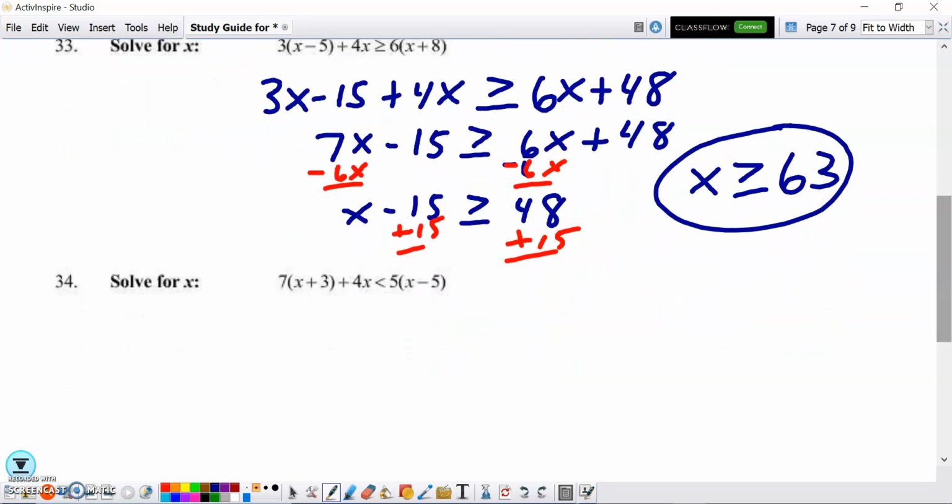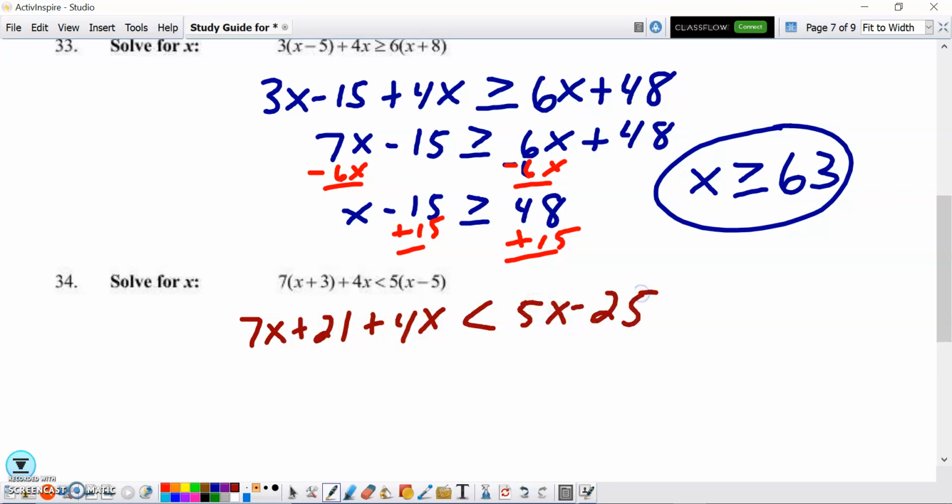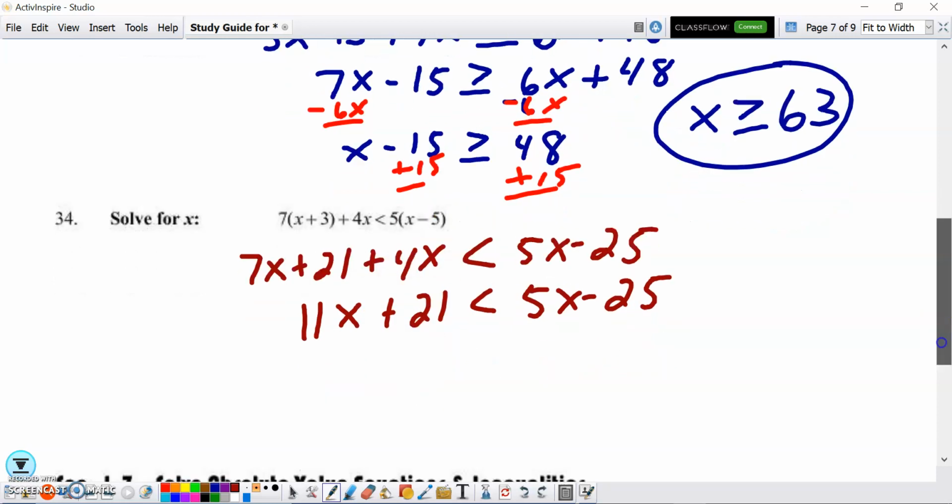All right, I've got a minute and a half left on my timer here. I got to do number 34 before that runs out. Here we go, distributive property. Combine like terms. All right, now I'm going to subtract 5x from both sides.